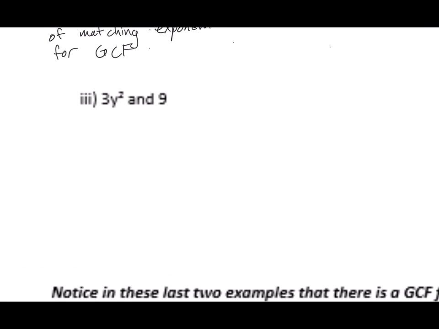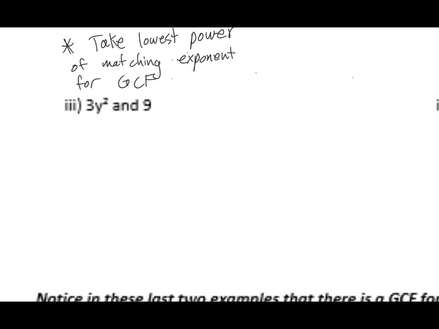All right. So when I look at 3y squared and 9, if I looked at these as factorizations, this would be 3 times y squared, wouldn't it? And 9 could be broken down into the prime factorization of 3 times 3. The only thing that matches in this case is our 3s.